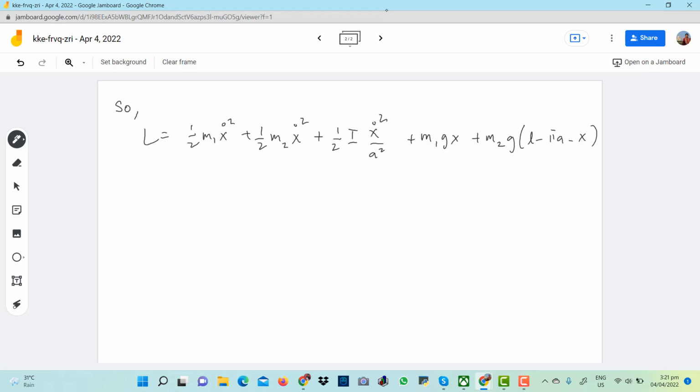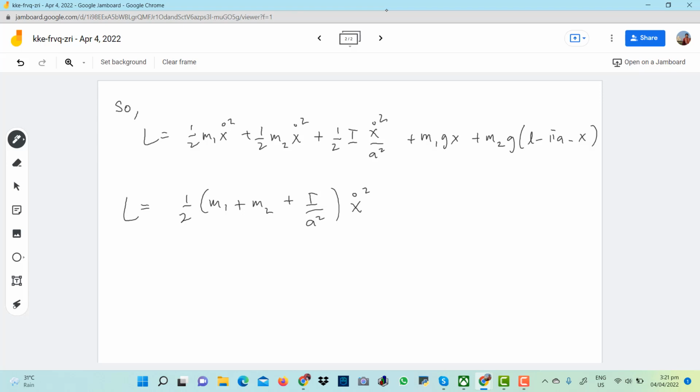So, if I combine similar terms, I can rewrite L as 1 half times m1 plus m2 plus I over a square, times x dot square.